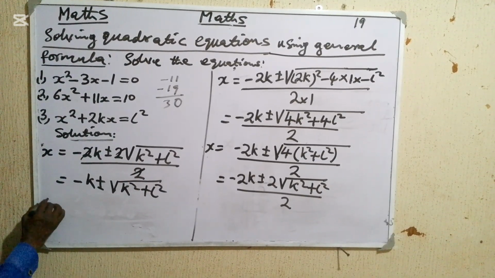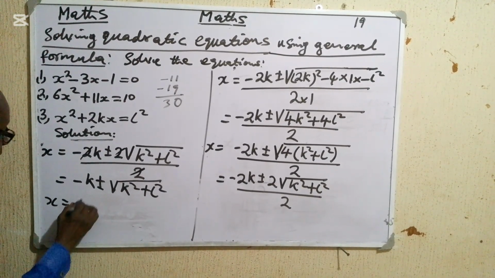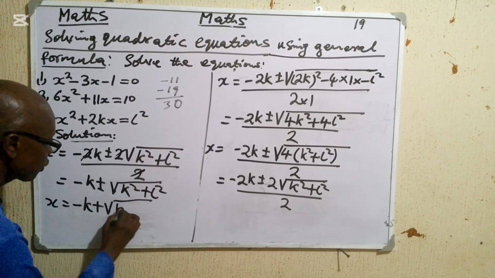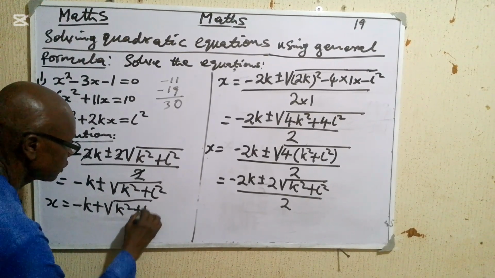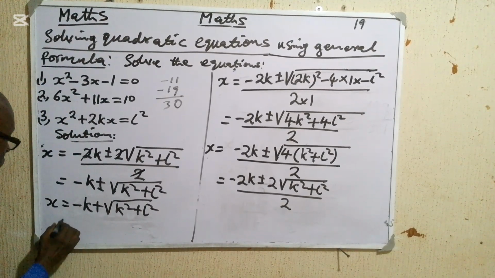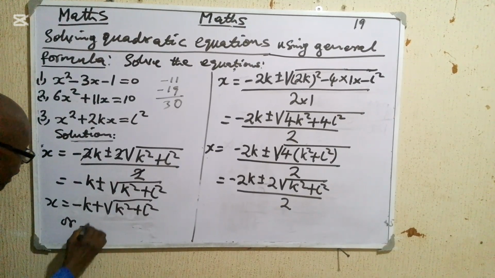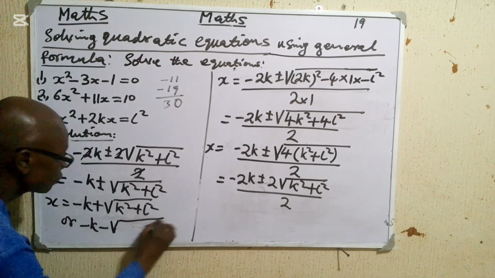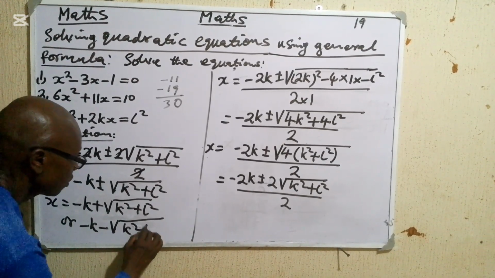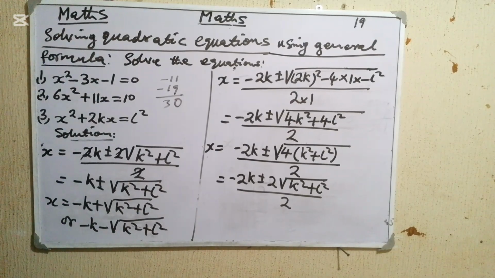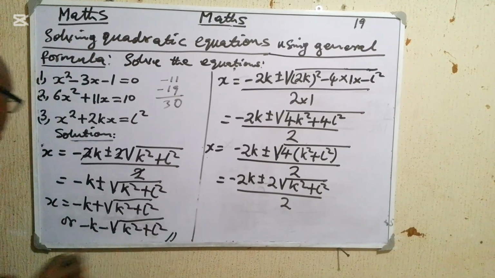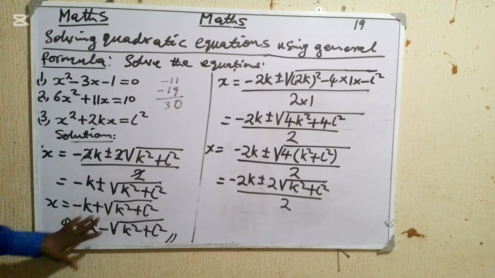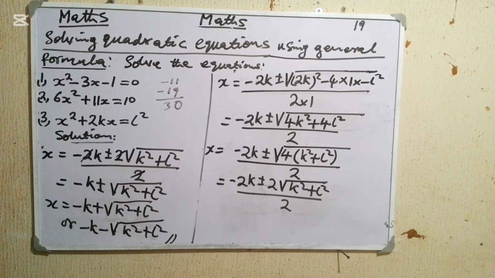So our x is equal to minus k plus root k squared plus L squared, or minus k minus root k squared plus L squared. And that is that, we have the 2 roots of this equation now, as we have it here.